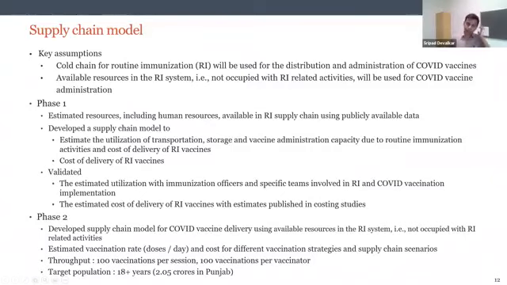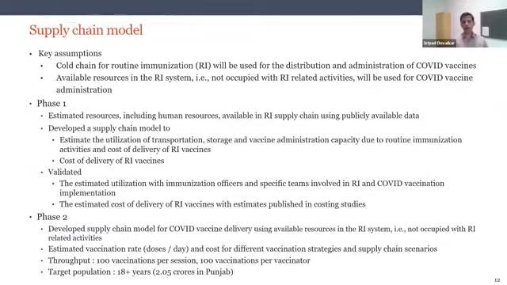So as part of developing the supply chain model, the key assumptions we make, which are again motivated by what the government put out in its operational guidelines, are that India has a fairly robust routine child immunization infrastructure in place, which has cold chain resources as well as vaccinators who are called auxiliary nurses and midwives who do these routine vaccination sessions.